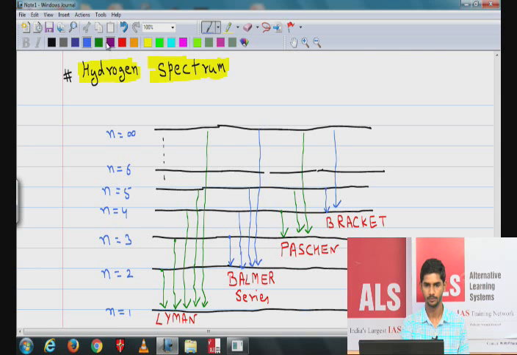Now, look at this. The electron starts its transition from 6, or from infinity, meaning any other state, but finally it ends at n equal to 5. We will say it is a Pfund series. This is the Pfund series.